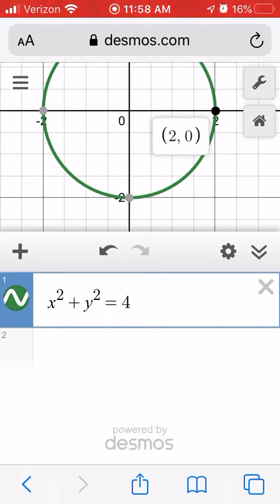That's because the standard equation is x squared plus y squared equals r squared, for radius squared. So if you need to know the radius, you always take this number, the constant, and take the square root of that. That's when we did square root practice yesterday.